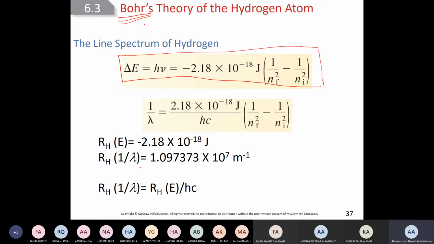What is this constant? What's the name of this constant? Don't memorize the number, but what's the name of the constant?